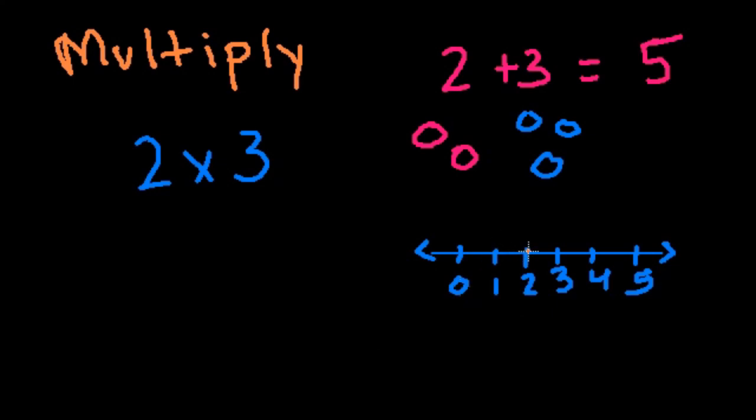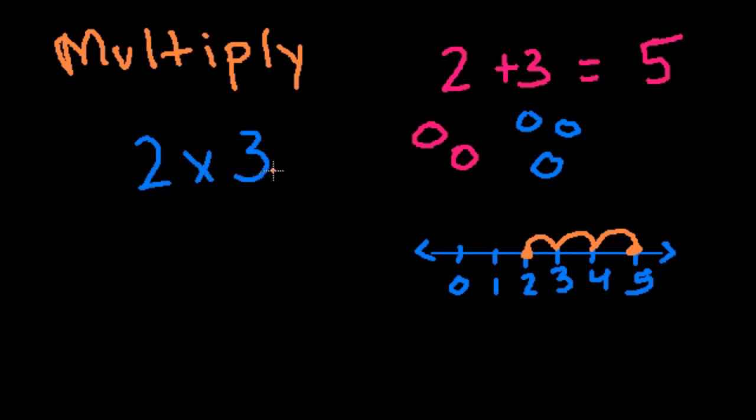If you're sitting 2 to the right of 0, because we have 2 cherries already, and we add on the 3 blueberries, we can count 3 to the right. So we count across to the 5, jumping across to 3, 4, and then to the 5, and we end up with 5 pieces of fruit. So that's our addition. We're adding the 2 fruits together with the 3 to get 5.